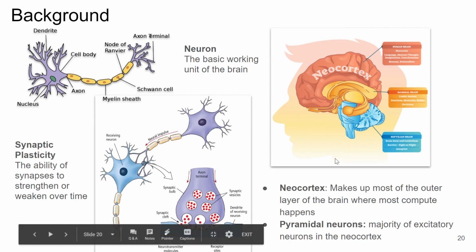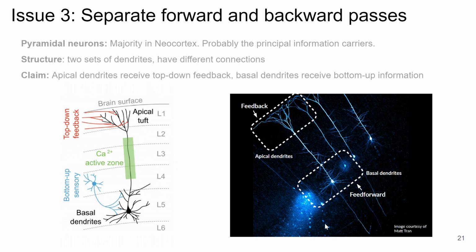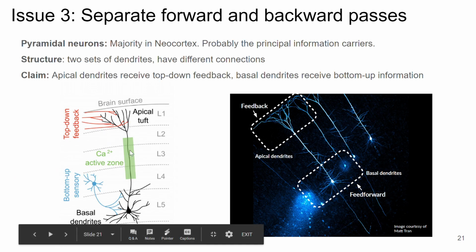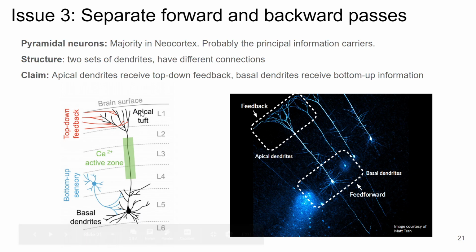So this is the background again, and to re-summarize it, neocortex makes up most of the outer layer of the brain, and pyramidal neurons are the most common excitatory neuron in the neocortex. So let's go into the anatomy of pyramidal neurons. Pyramidal neurons generally look like this. If this is your brain surface, you have multiple layers. Your cell body is located in layer 5, and then you have a set of dendrites around your cell body. And surprisingly, you also have dendrites up in layer 1.